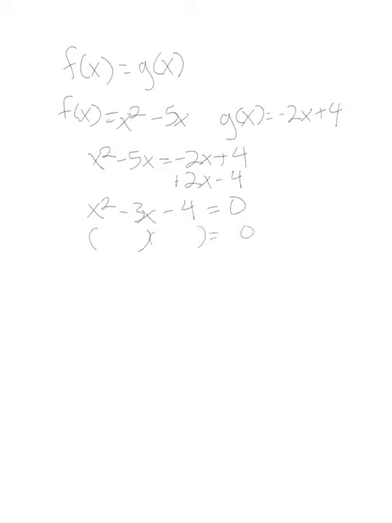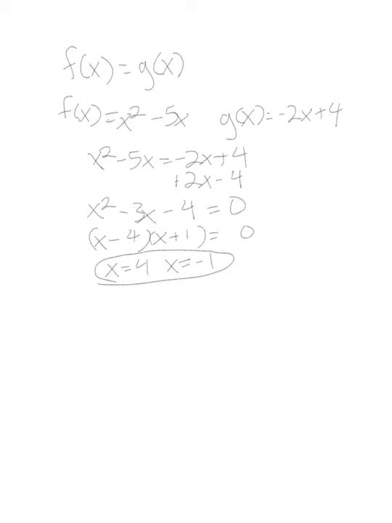Two factors of 4, that makes 3. We want our 4 to be negative because the 3 is negative, and our 1 to be positive. So our answers are 4 and -1.